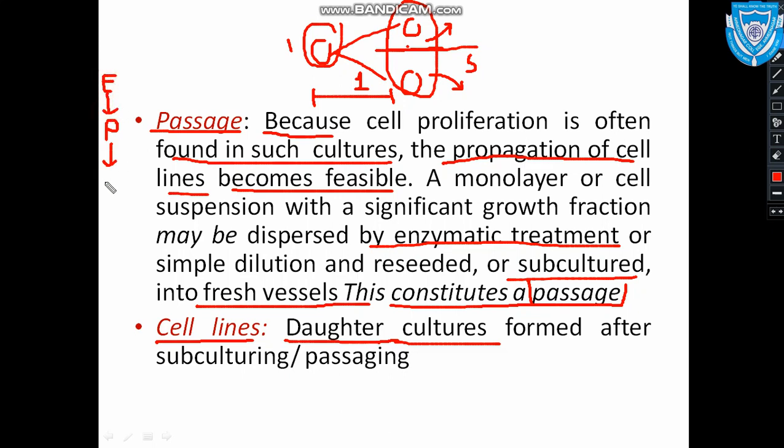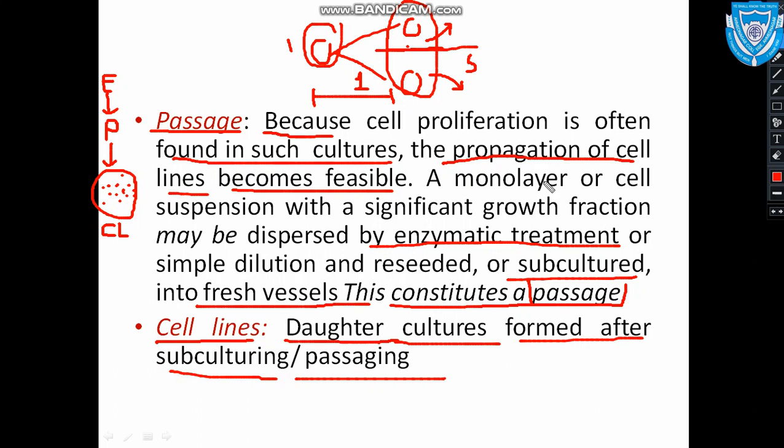From that you get primary cell culture. After a few subculturings, you will get the same types of cells in your flask, and that whole thing we call cell lines. The daughter cells formed after subculturing or passaging are called cell lines.